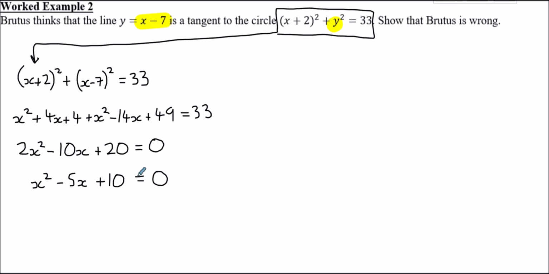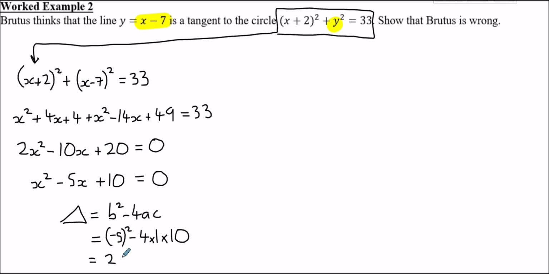equals 0. This doesn't factorise in any obvious way, so we can start to wonder if it has any solutions at all. Well, we can check the discriminant of this. So the discriminant is going to be b squared minus 4ac. In this case, b is minus 5 all squared, and minus 4 times a, which is just 1, because it's just 1x squared, times c, which is 10.